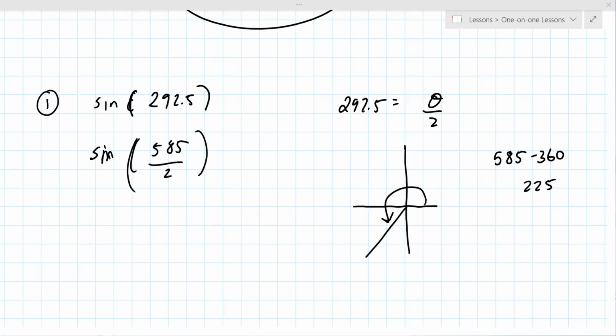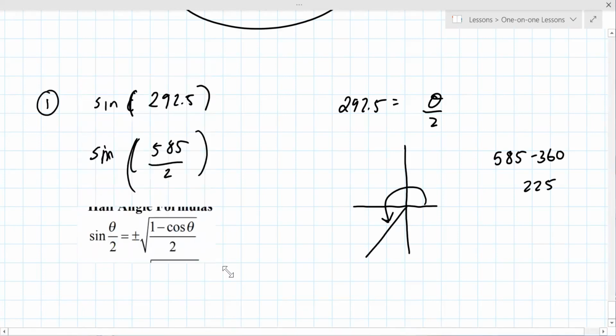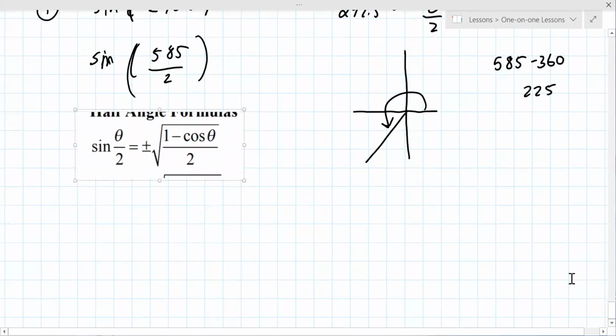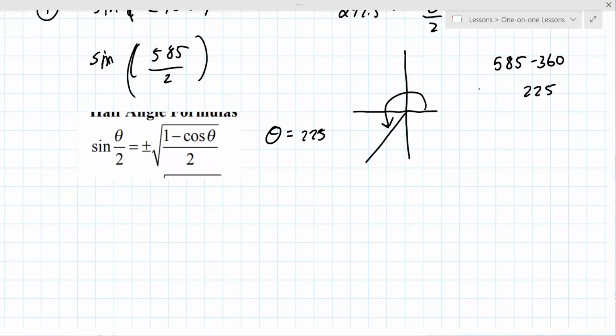So now let's grab the formula. Both sine and cosine half angle identities use cosine. Your theta is really 225. It is 585, but because of coterminal angles, meaning you can wrap around, just want to make sure that's clear. That is clear.